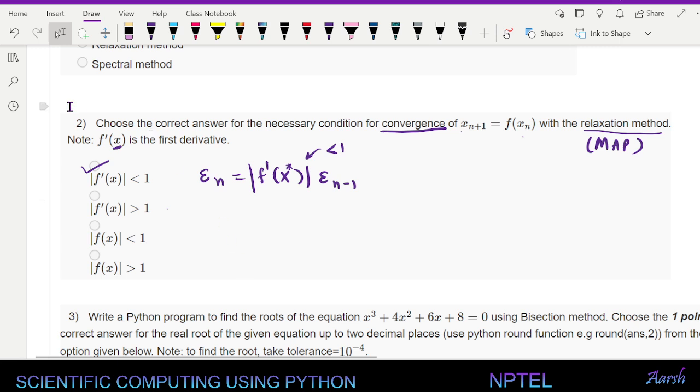And the second one was the condition for the convergence of this discrete map with the relaxation method, right? We just discussed that the absolute value of the derivative should be less than 1, because that's the coefficient that is multiplied to the perturbation every time. So if this is less than 1, then it slowly goes to 0. There is no perturbation at the end and it converges to the solution.